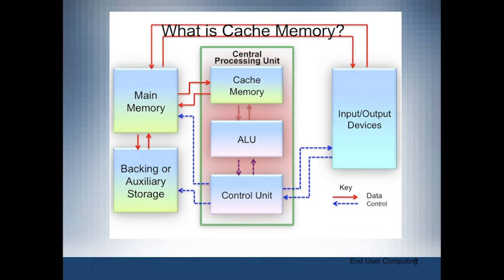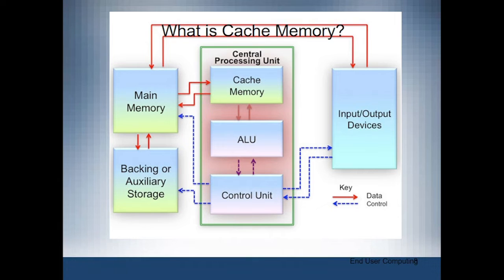Now, if you look at this diagram, you can see that at the top, where we have the central processing unit, we have the cache memory. So there are two types of memories here that are often confused. This is the main memory. You can see it is towards the left side, and the cache memory is at the central location of the processor.